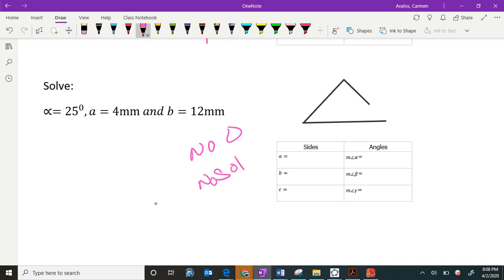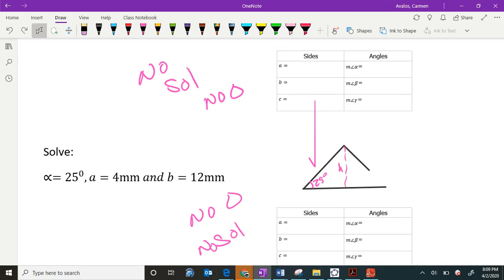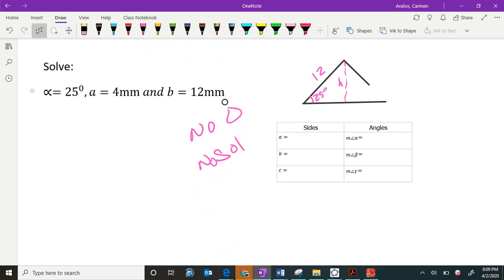And so we need to find the height. You're going to drop this height down here, and that's your H. And so it's a right triangle. This angle here is going to be 25, and the adjacent side is 12. So the way that you solve it is sine of 25 has to equal opposite over hypotenuse.